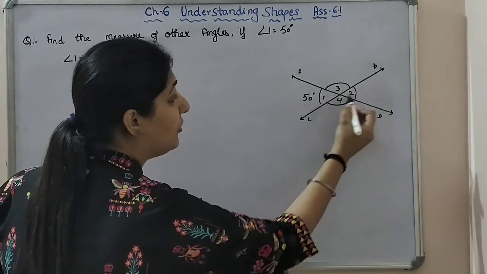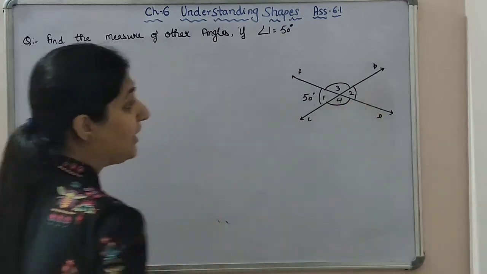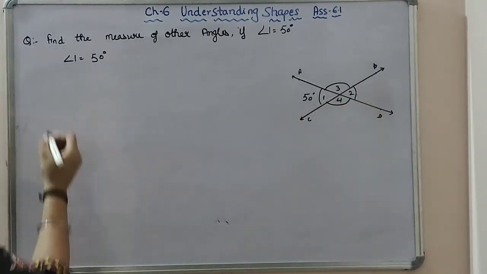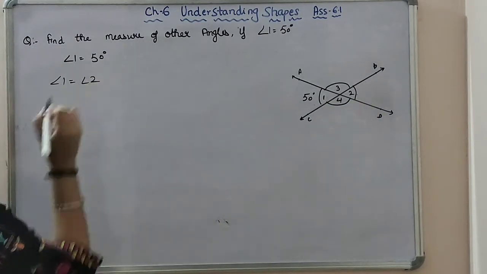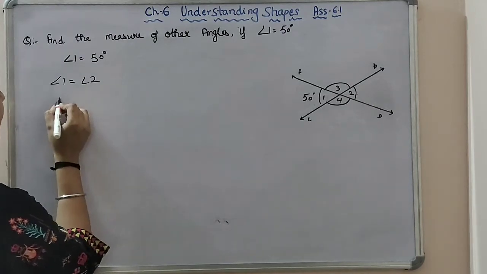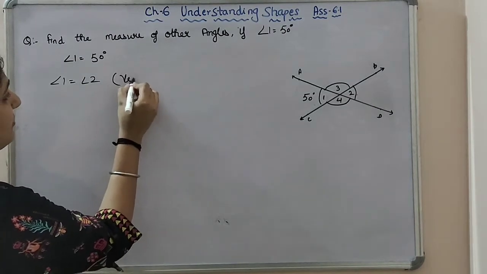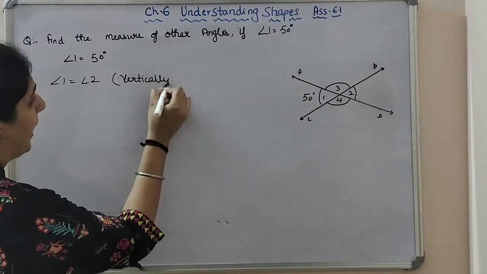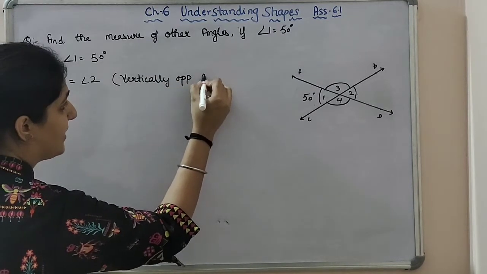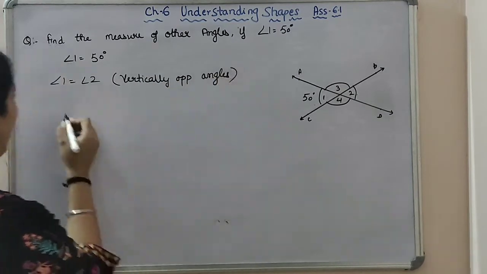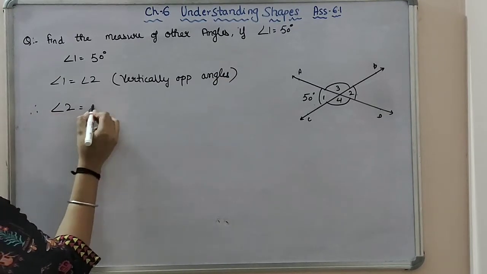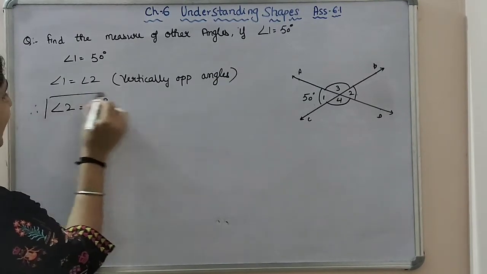X figure form हो रहा है तो definitely angle 1 equals angle 2. Why? Because they are forming vertically opposite angles. Therefore angle 2 is equal to 50 degree.